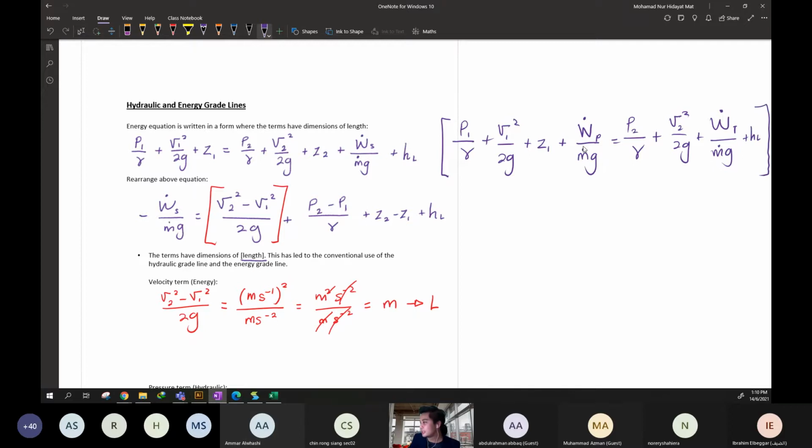Basically this is the work. Because of this work from the pump and this work from the turbine combined to be like this. Because the pump has the shaft, right? The turbine has the shaft.